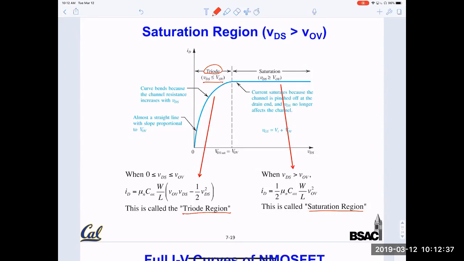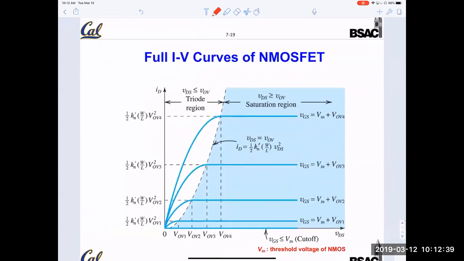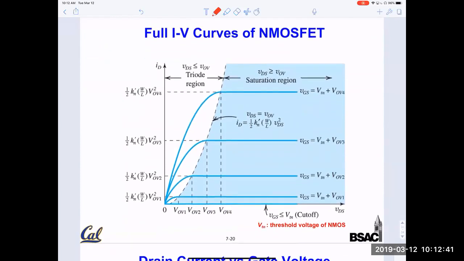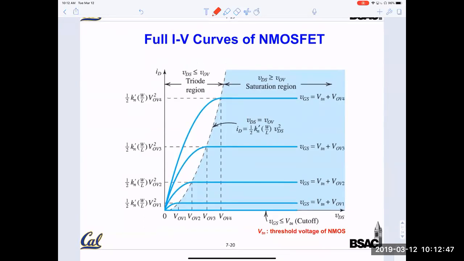So far, so good? Remember VGS is a variable. What we have just discussed is one VGS curve. A transistor being a three-terminal device, there are really two independent voltages, VGS and VDS.